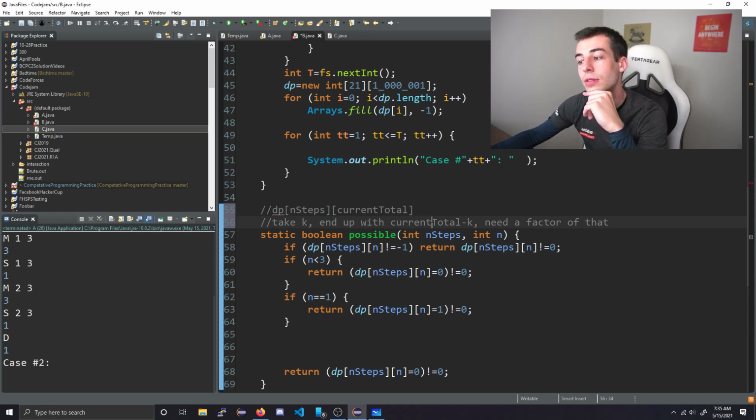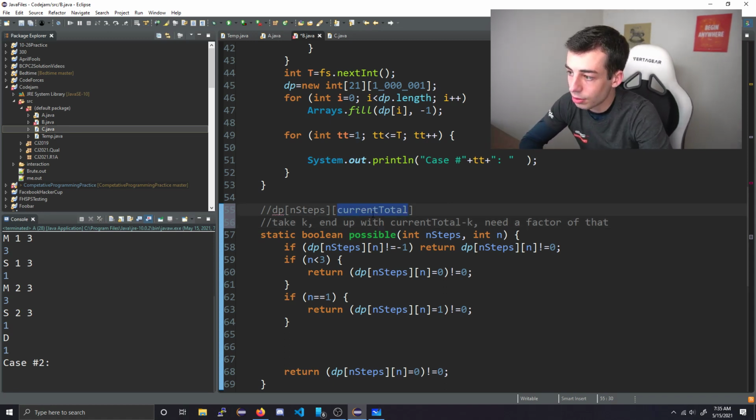Is that the case? Let's pause for a moment. All right, so say we need a total of 10 things. We need what we take here. Yeah, the total number of sides is 10. So the current number of sides kind of matters.